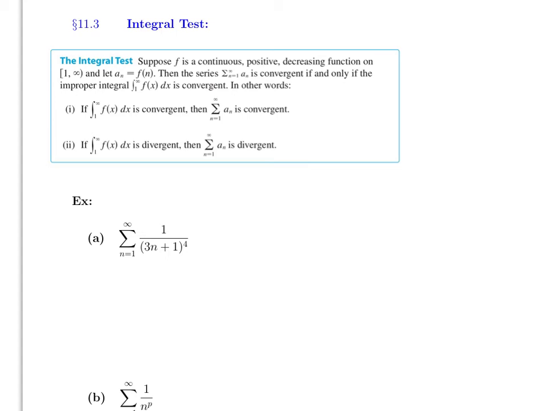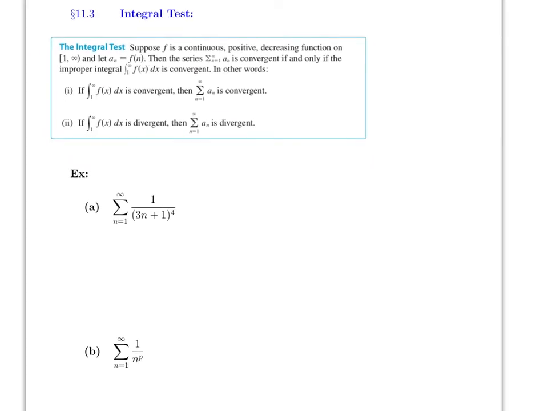Suppose f is a continuous, positive, decreasing function from 1 to infinity, and we define the sequence of this form. Then the series is convergent if and only if the integral is convergent. If the integral is convergent, then the series will be convergent, and if the integral is divergent, then the series will be divergent.